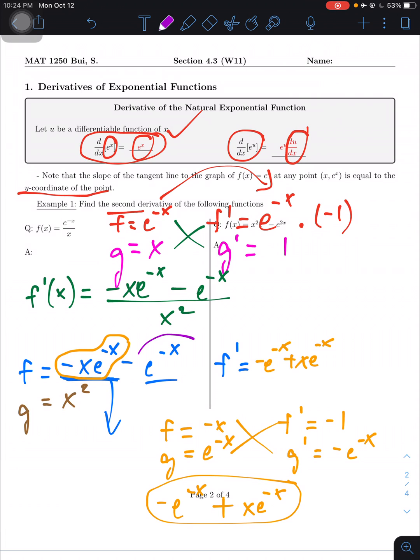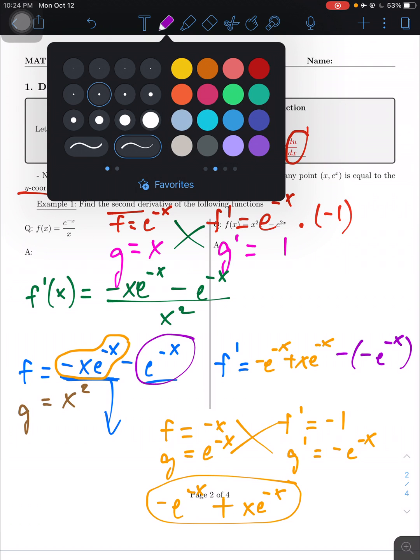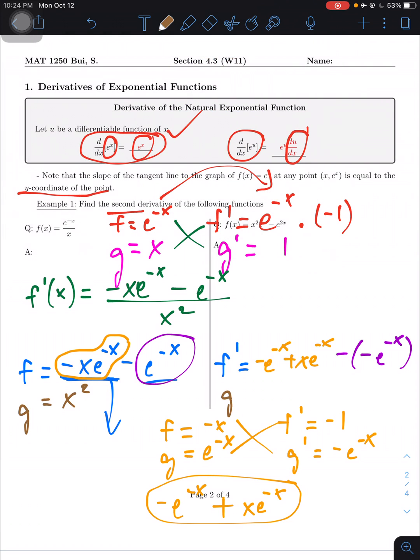So the derivative of this in here is again by chain rule, so we're going to have minus negative e to the negative x. And then for g, in brown, g prime in here is equal to 2x. Let me get rid of all this work in here for the product rule.